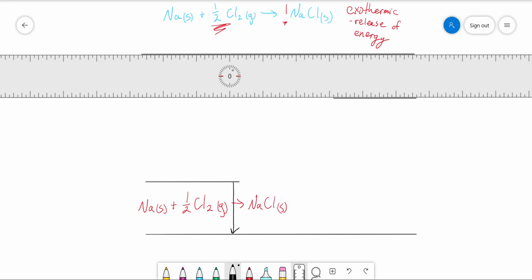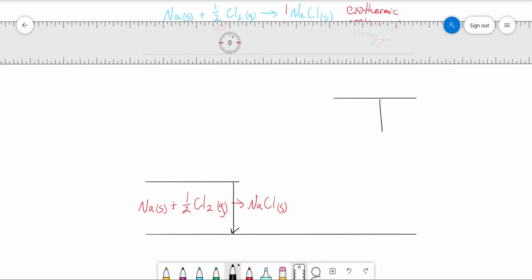Now, this gap here is our lattice energy step. So remember, for a lattice energy, we have gaseous ions coming together to form the solid.